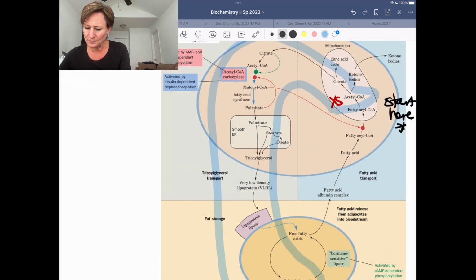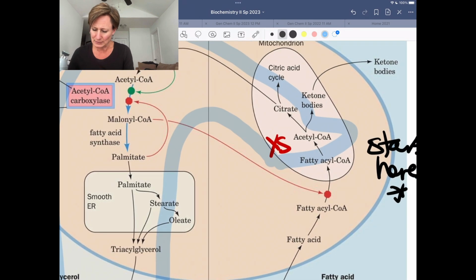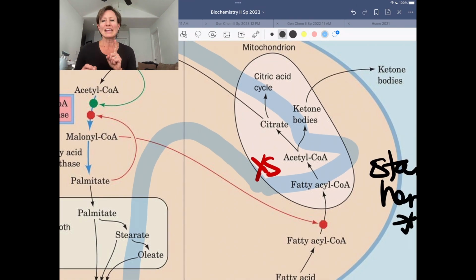So let's zoom in and talk about what we have here. If we have excess acetyl-CoA, and we'll highlight again when we write this down, this excess acetyl-CoA is derived from excess carbohydrate or excess protein, excess amino acid that's broken down. This is not excess acetyl-CoA that we have from beta oxidation, because if we are doing beta oxidation, we're in a need state.